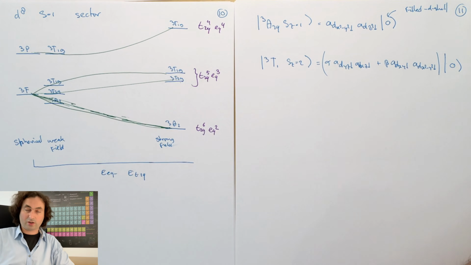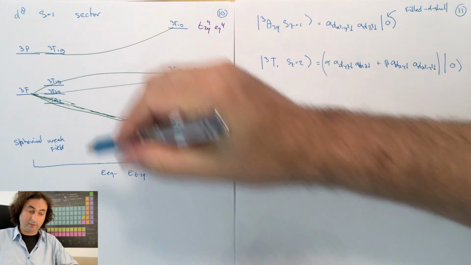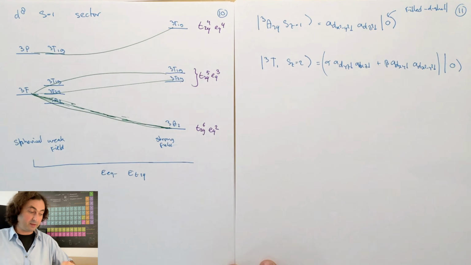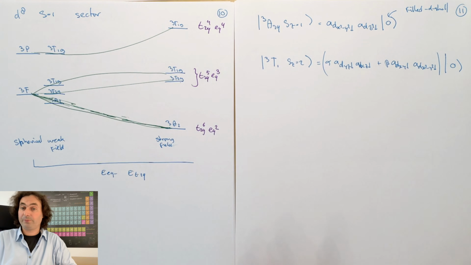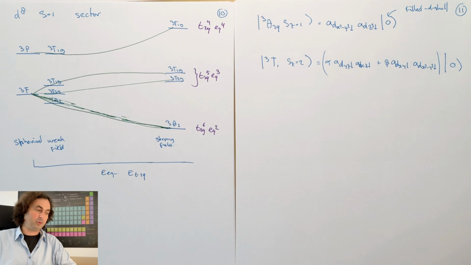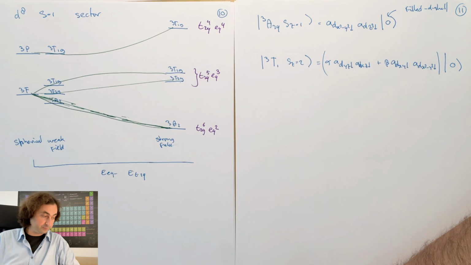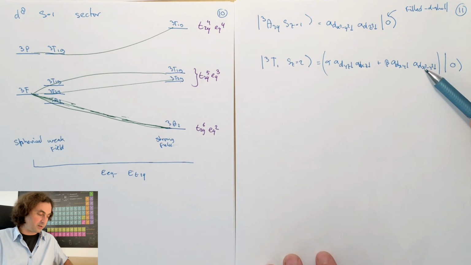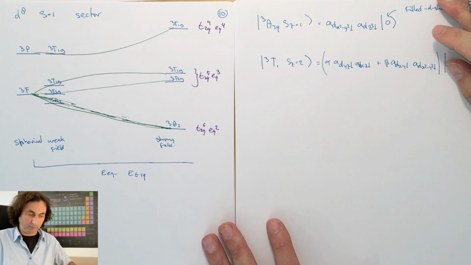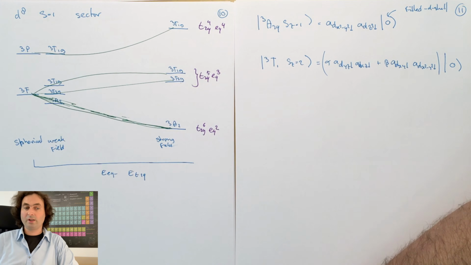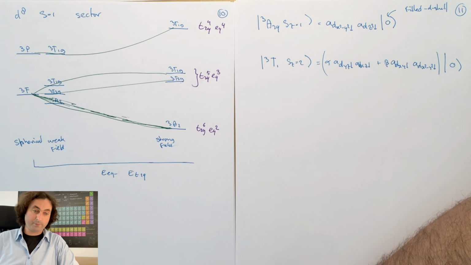Now, this is something that you will find very general in atomic physics and crystal field theory. The ground state is represented by a single Slater determinant. And actually that is true for all d configurations except for d3 and d7. And you have some excited states that are given by a combination of Slater determinants and are correlated states.